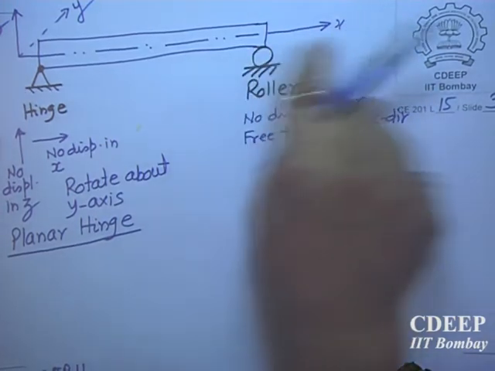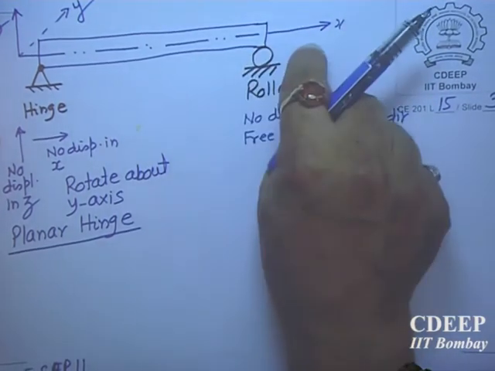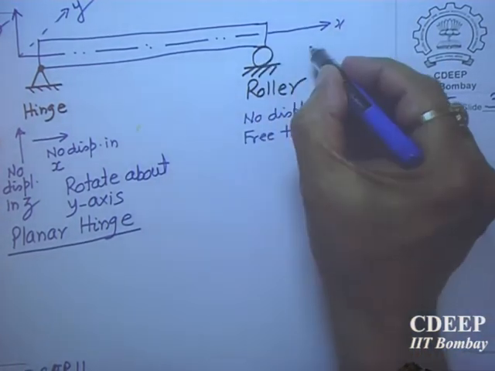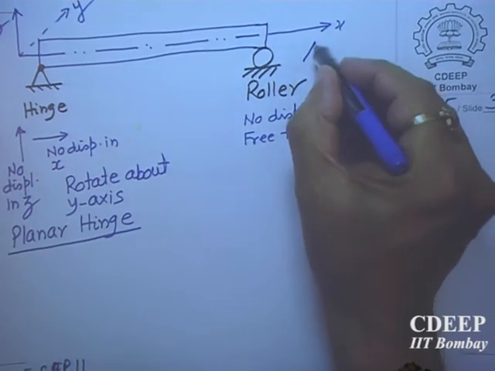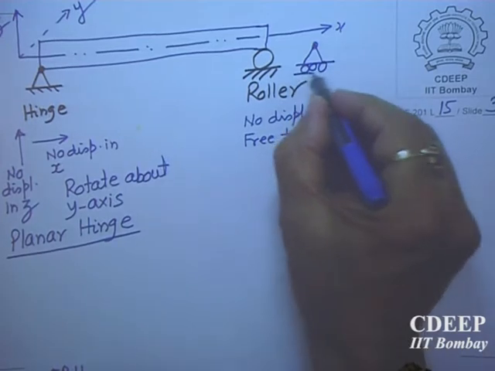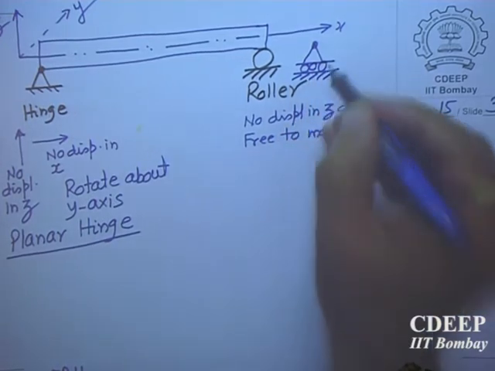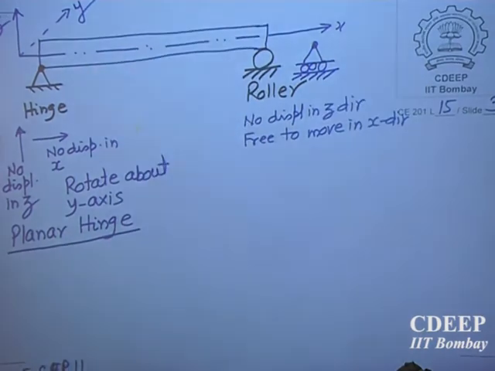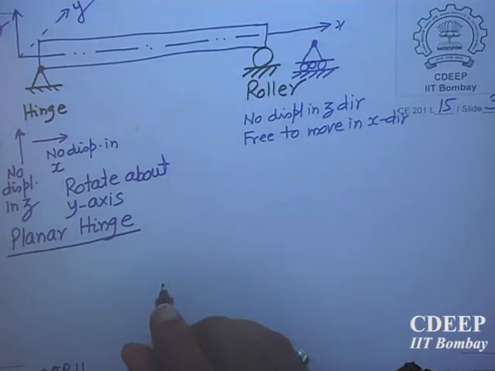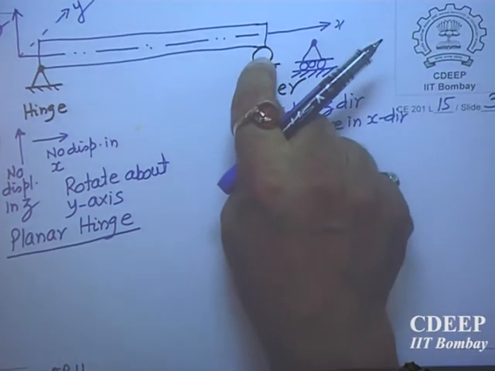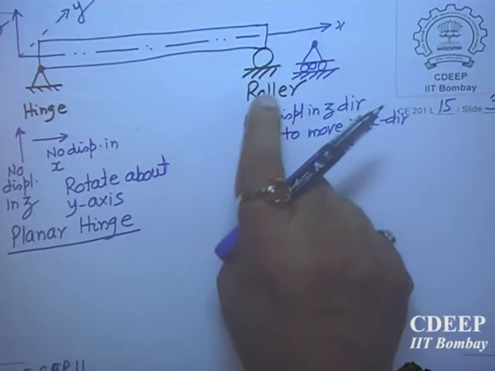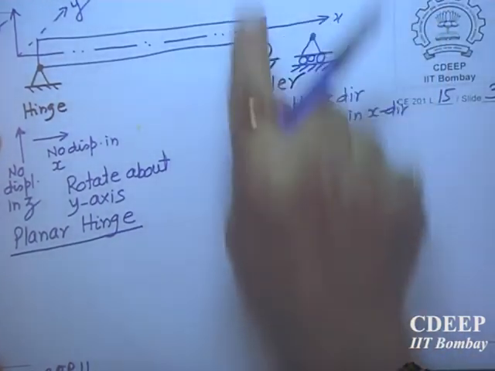So this point can always have a displacement in the X direction. A roller is also shown by two diagrams. You have a hinge and then put it on a roller like this. So either put a big circle, means it is a roller, or this. Both mean the same. This is also a roller, this is also a roller. See in this direction, then some of you will come, sir, this can lift up.